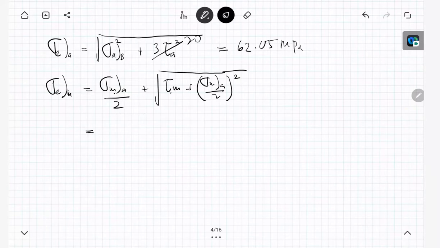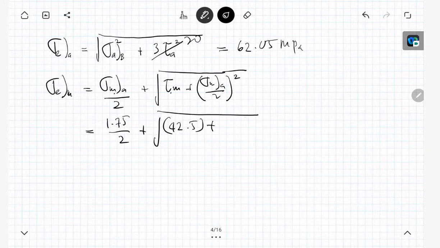For the axial mean 1.75, torque mean 42.5 plus 1.75, dan kita dapat 43 megapascal.